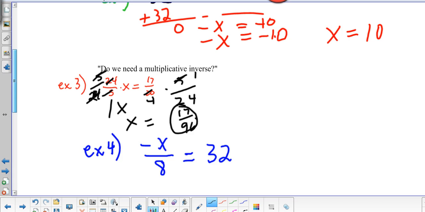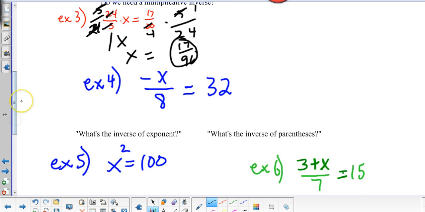Okay, and then example 4, it was divided by 8, so the multiplicative inverse is to multiply by 8 over 1. So if we multiply by 8 over 1 to both sides, this looks like fun.